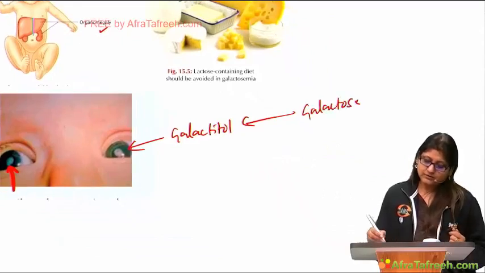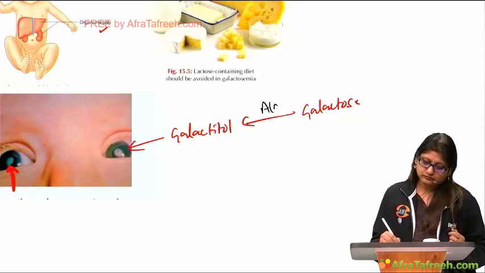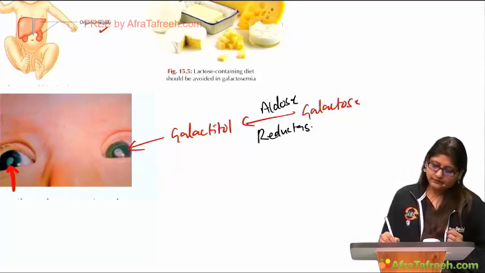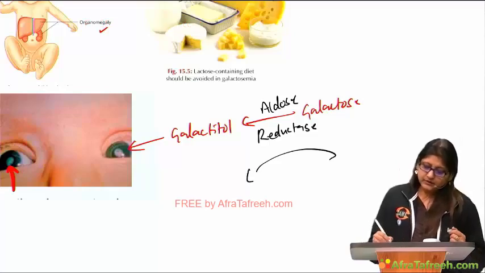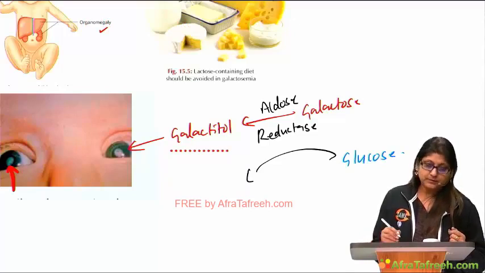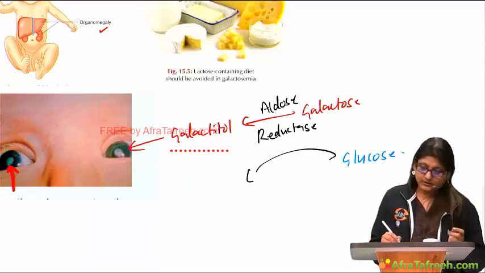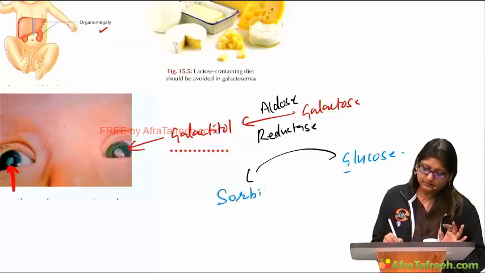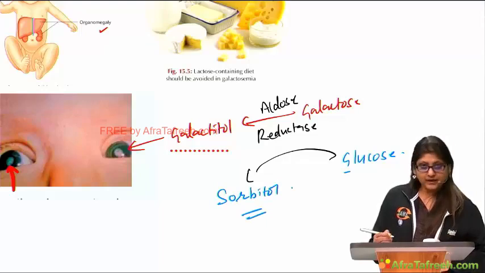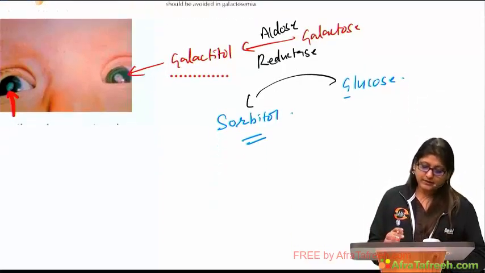Enzyme name is aldose reductase. In a diabetic patient, when there is high glucose in the blood, the same enzyme is the culprit. Aldose reductase is the culprit for diabetic cataract, because at that time the glucose is converted to sorbitol, which is again a hygroscopic alcohol and results in diabetic cataract.